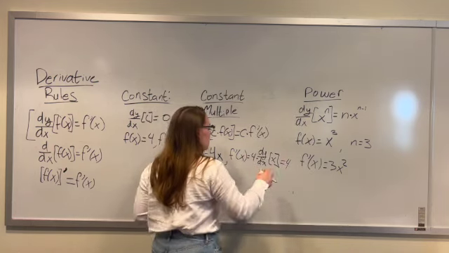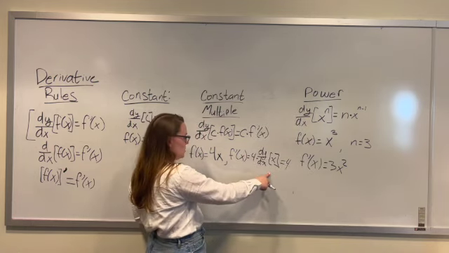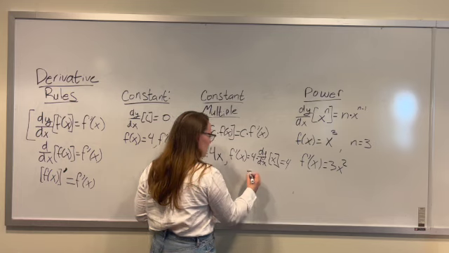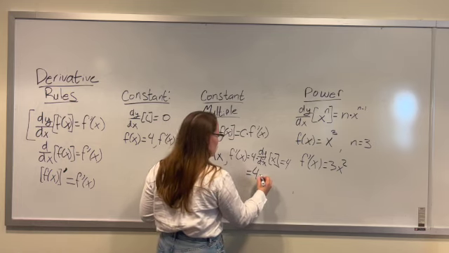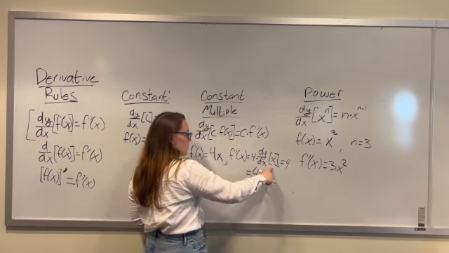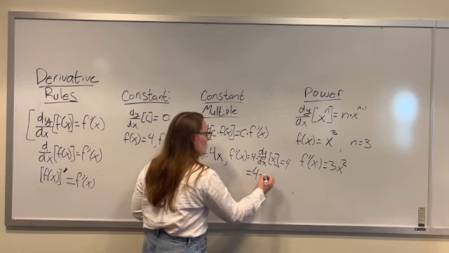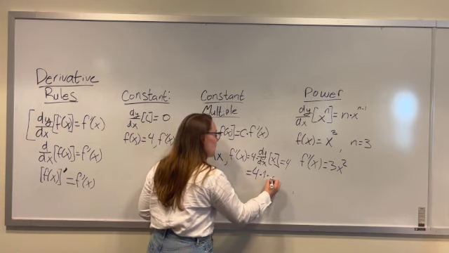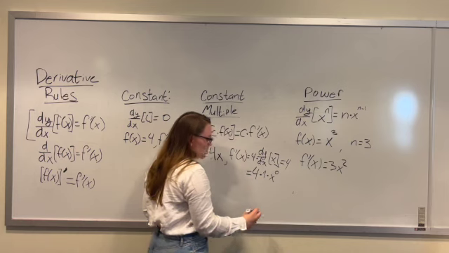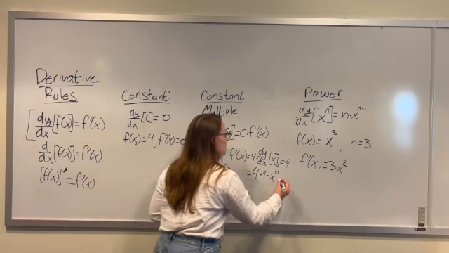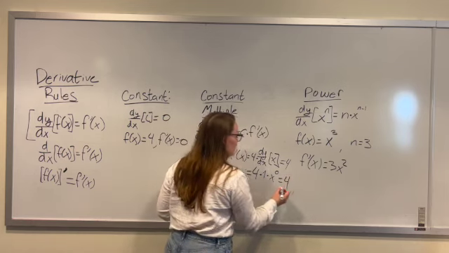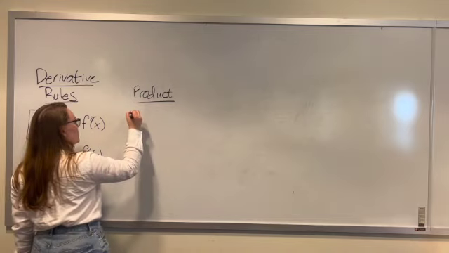So if you see here for this, we have 4 times, it's going to be 1 times x to the 0, which is 1 times 1, which is equal to 4.